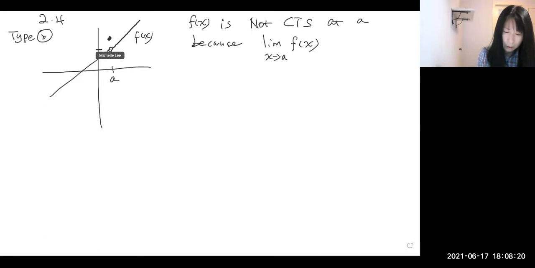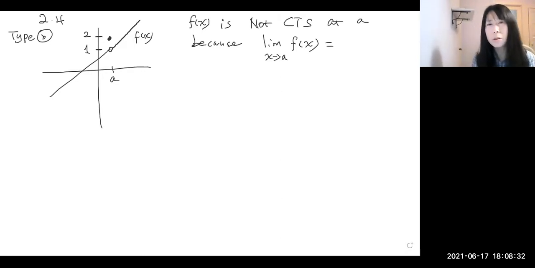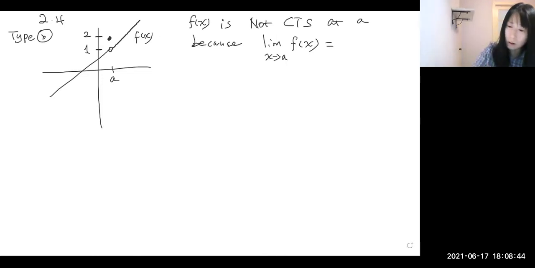How about this one? So what is this? When x approaches a, what is the limit of the function? 1. It's 1, okay?